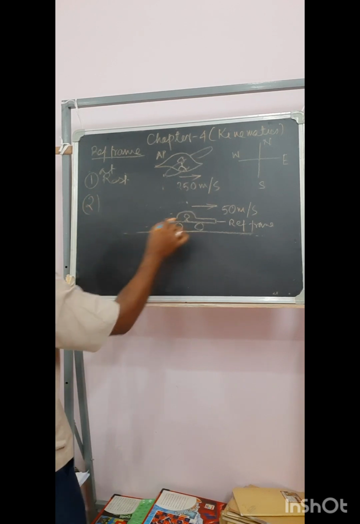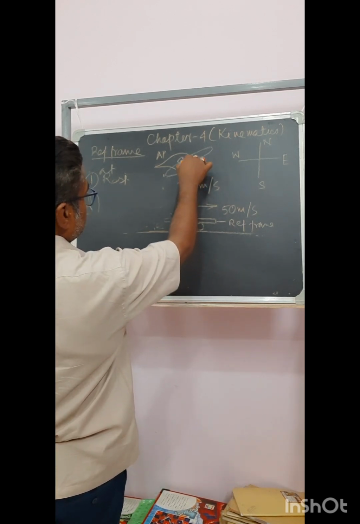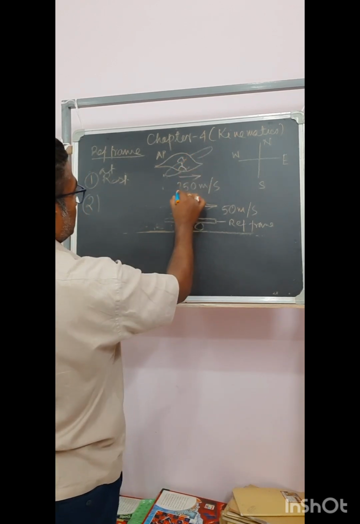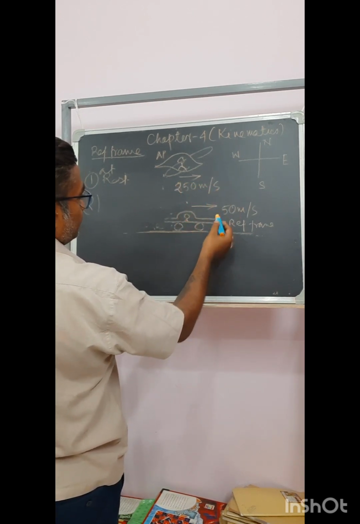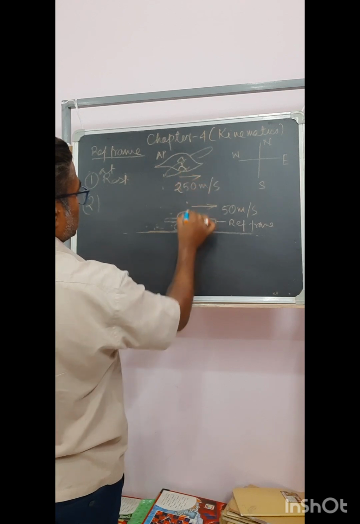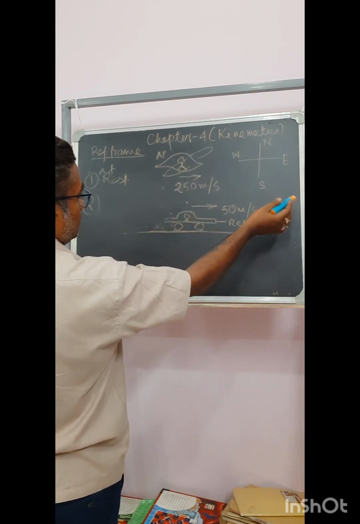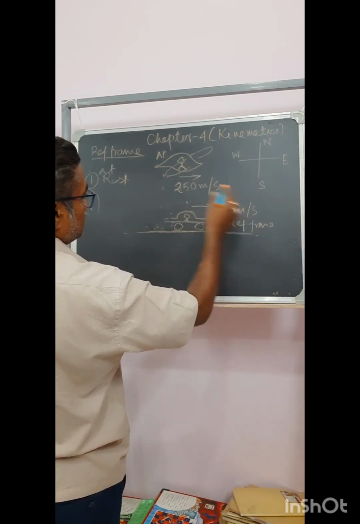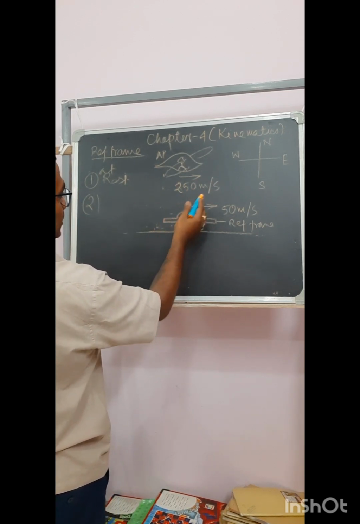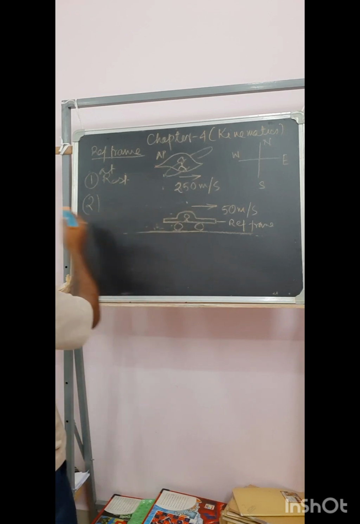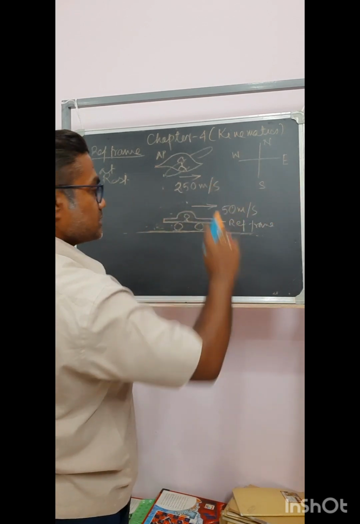Second, if he observes the car, as he is at 250 meters per second speed and the car is slower, the car will never be able to pass him; rather the car will constantly fall behind the plane even when they are moving in the same direction.